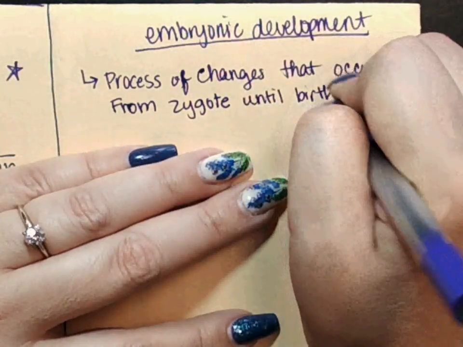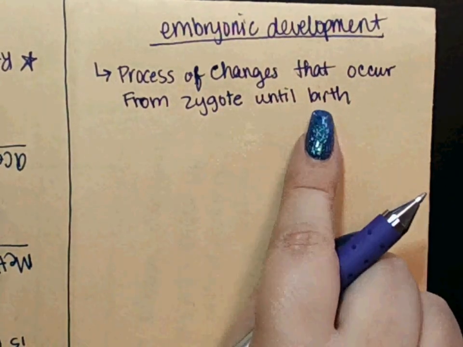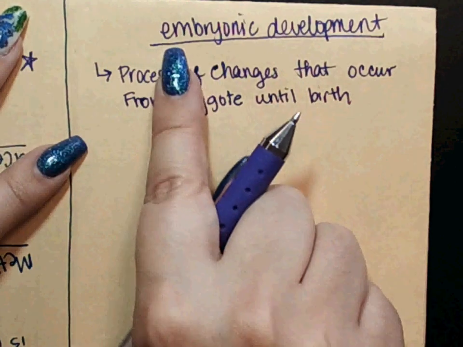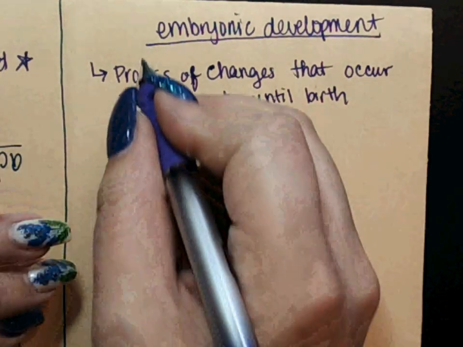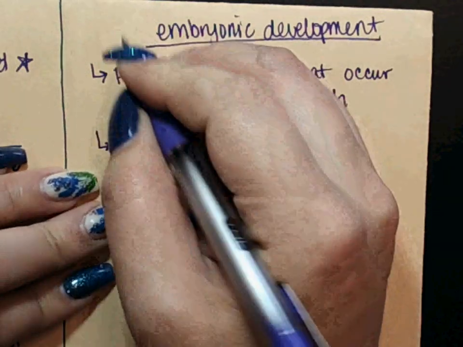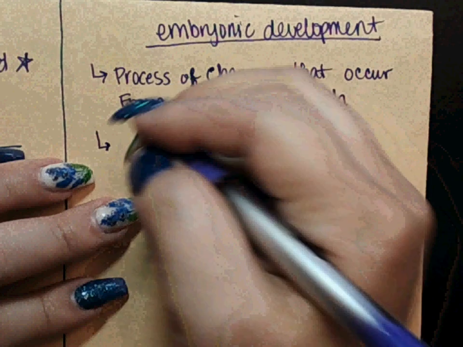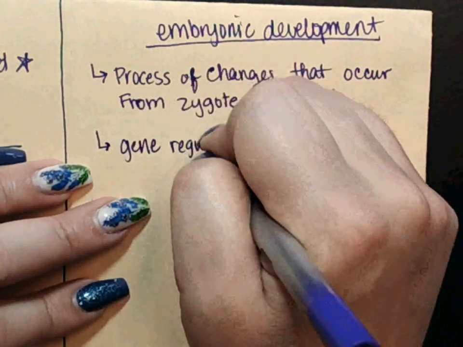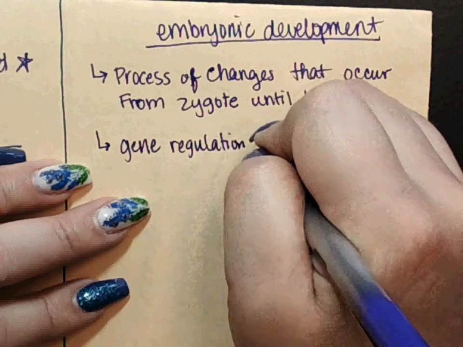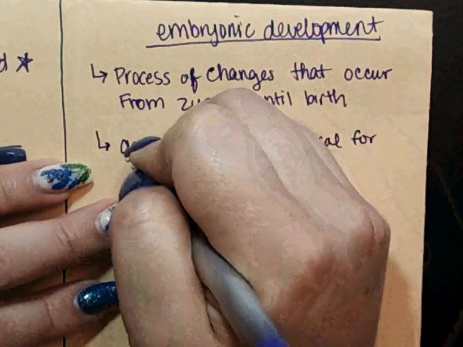So this period of time from the moment the egg was fertilized until the actual process of birth happens is what we call embryonic development. And gene regulation, or controlling those genes, is really important to make sure that the organism develops properly. So we're going to say gene regulation is critical for proper development.